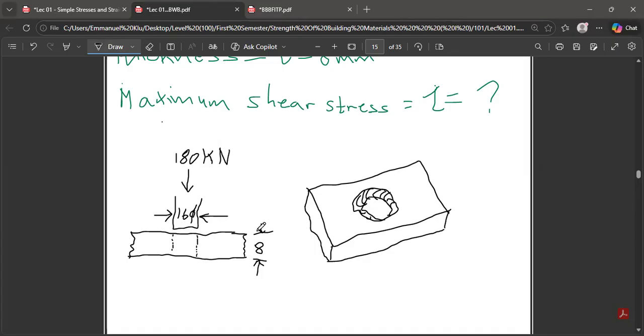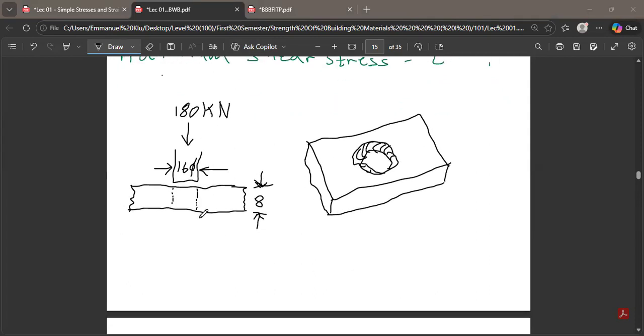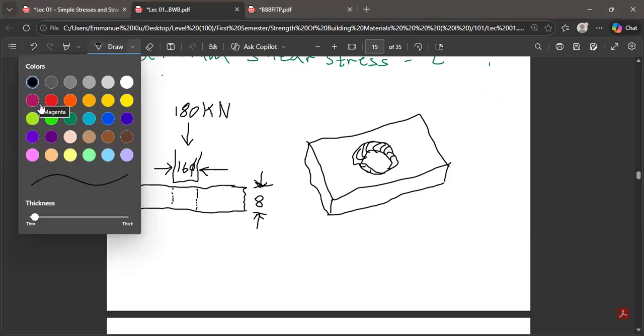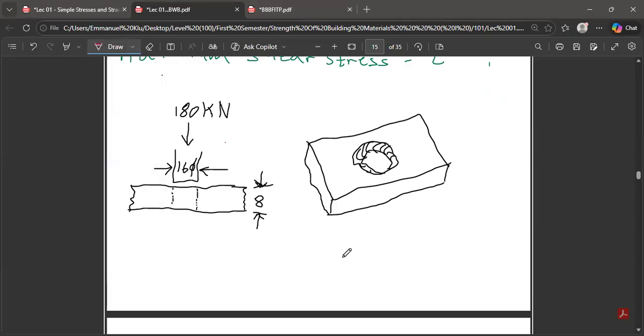Can anyone also explain it in a different scenario? There are actually two solutions to that. Can anyone give me the other solution? Hello, can anyone give me the other solution? Okay, let's do a little bit of practice before we continue.